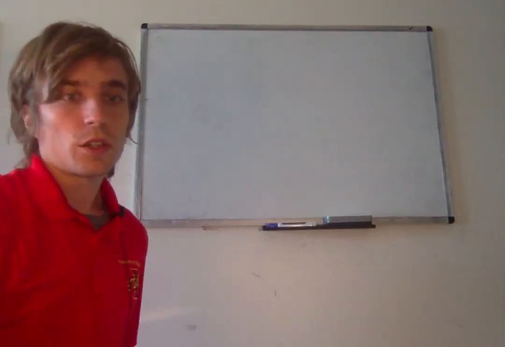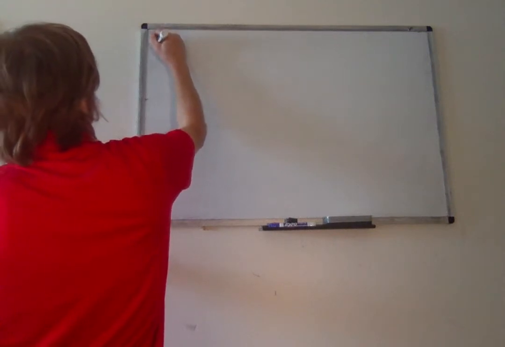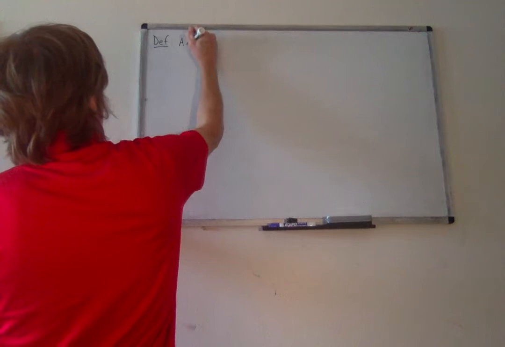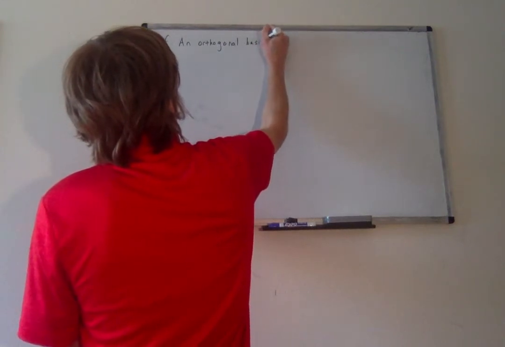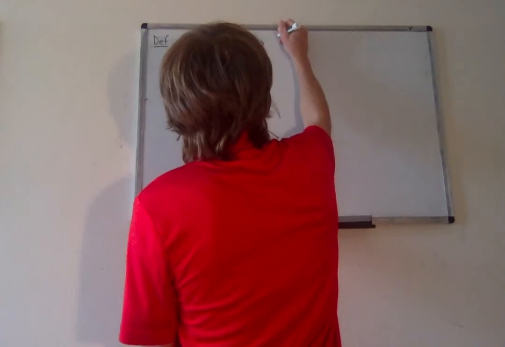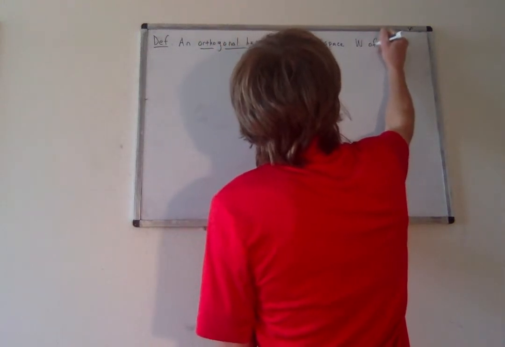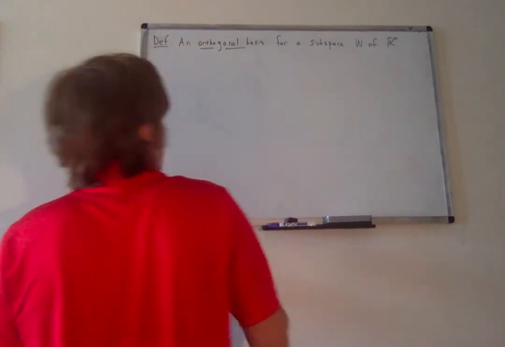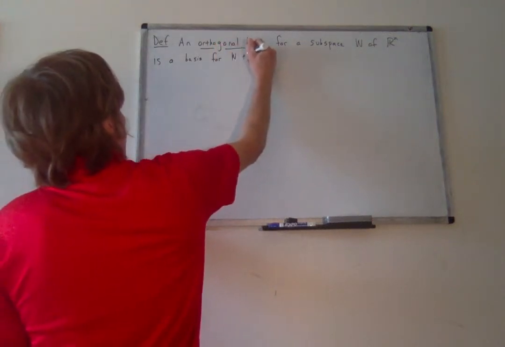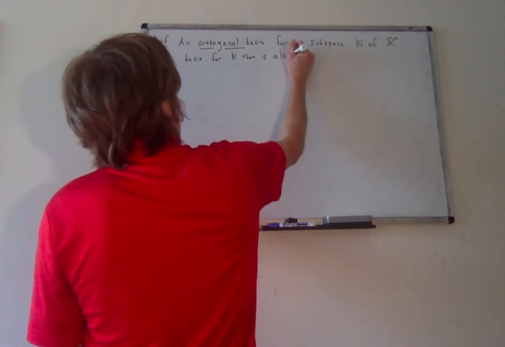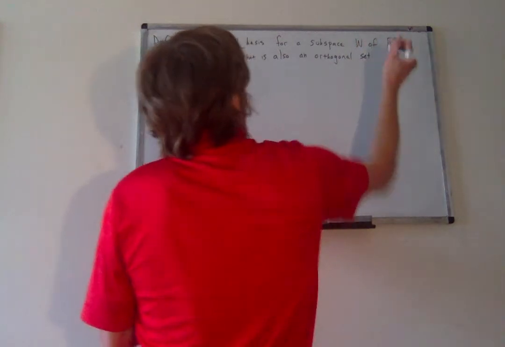We can define what is called an orthogonal basis, and hence continue the trend of using terms for our definitions that make a lot of sense, because an orthogonal basis for a subspace W of Rn is a basis for W that is also an orthogonal set.